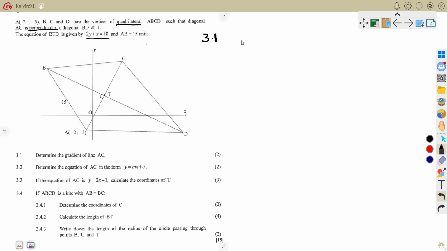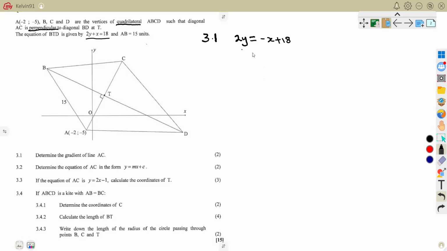the equation is given as 2y equal to 18 minus x. We take the x to that side because we have to arrange it in gradient intercept form. So the x must come here. So it's going to be negative x plus 18. Then we divide throughout by 2.